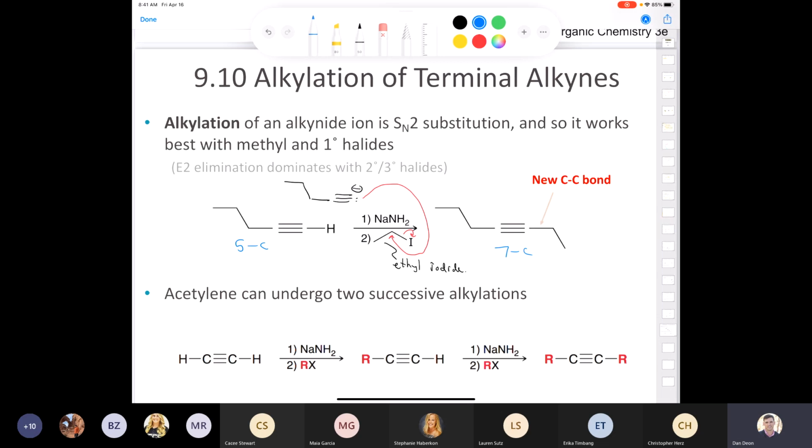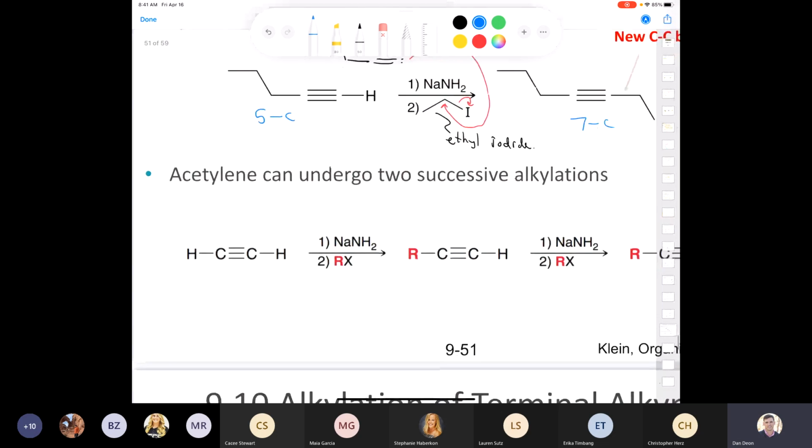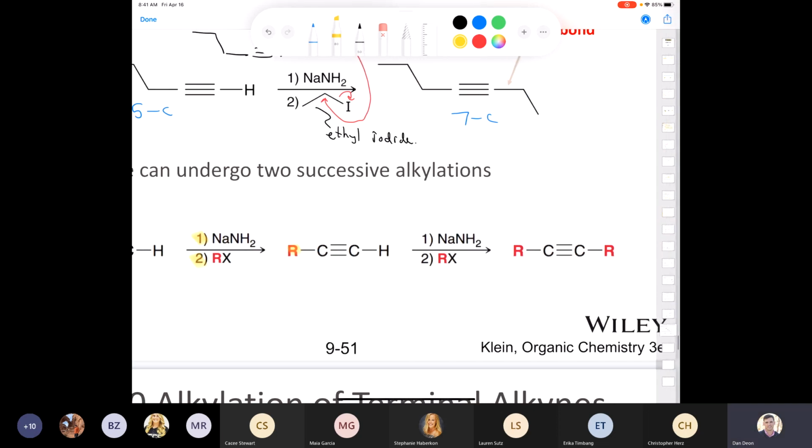Now, I told you that you can also do the same thing with acetylene. I want you to focus really carefully on this. It says acetylene can undergo two successive alkylations. Why? Because it's got two protons with a pKa of 25. So if you treat it with sodium amide, followed by an alkyl halide, you can add a first R group. Now you can take your terminal alkyne and do it again.